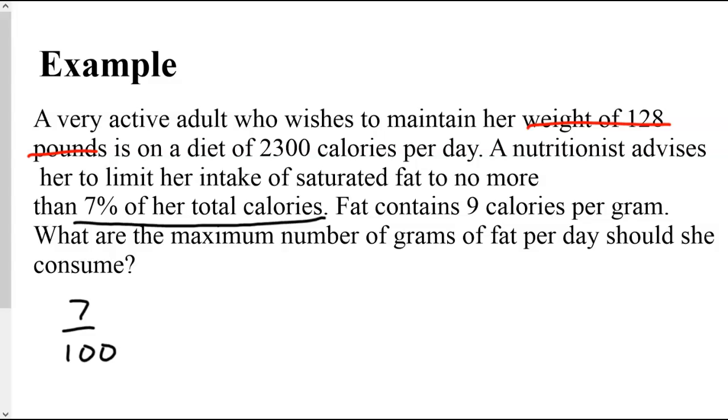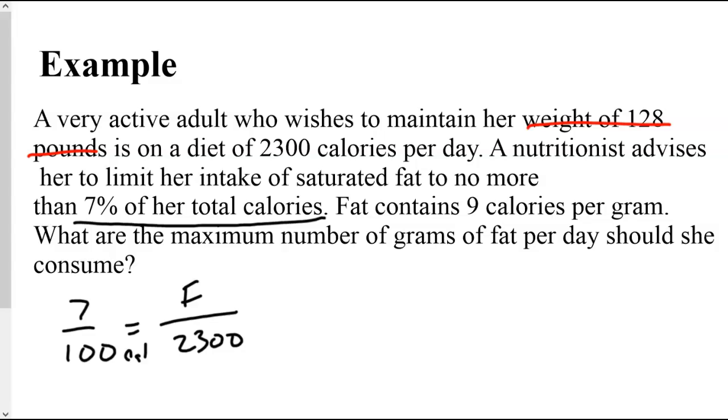And then we go, okay, well then the equivalent for how many calories that she's getting, so it's 7 out of total calories, and so these are calories down here. Total calories are 2,300 calories, but we don't know how many of those calories can be fat calories.